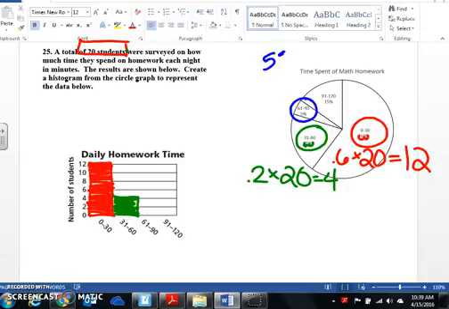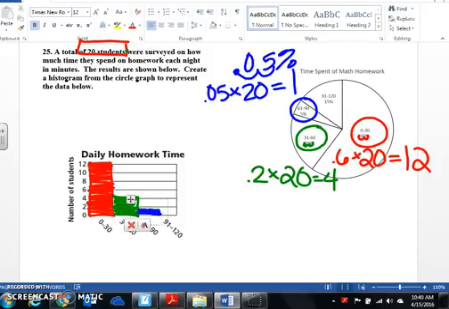So I turn 5% into a decimal, which is 0.05, times 20, which is 1. So I go to 1. Now, there's no 1 on the frequency, but 1 is in between 0 and 2, so I have to cut it in half as best as I can. Don't go all the way up to 2, because that's not right. Maybe even move it down a little bit. There we go.